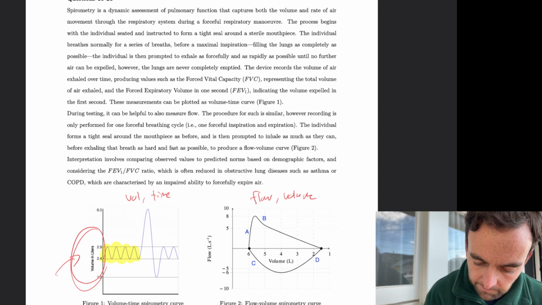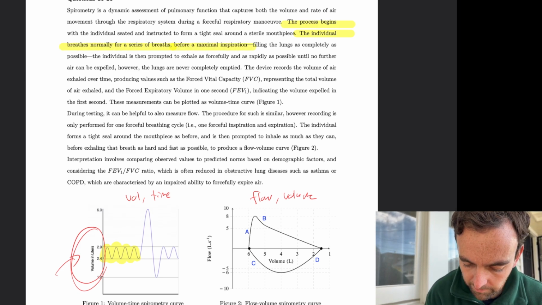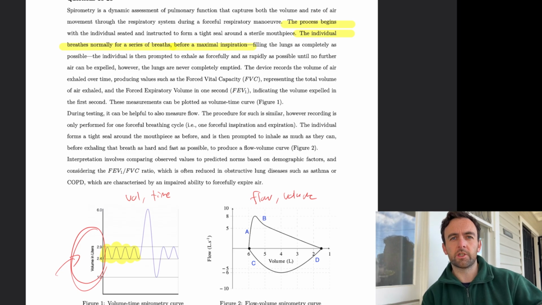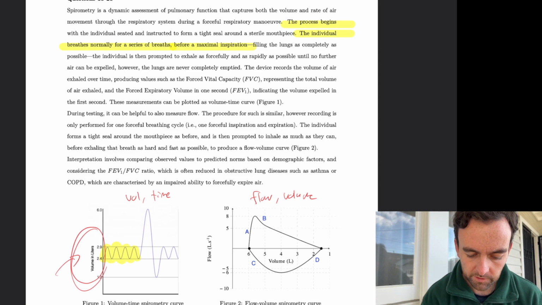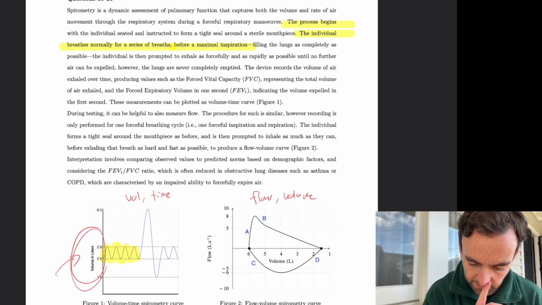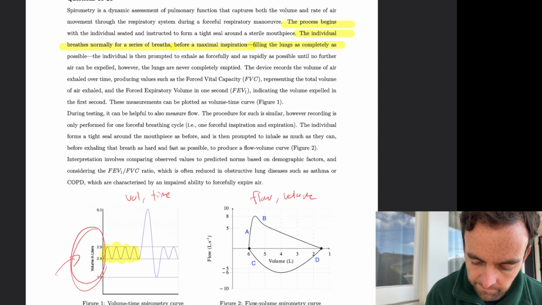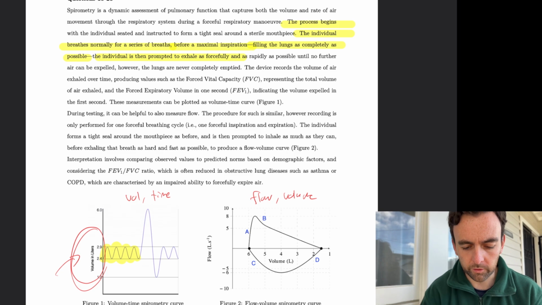We can see here that they describe the process and it says the individual breathes normally for a series of breaths before a maximal inspiration. So it's very common to need to associate text interpretation with graph interpretation. They breathe normally for a series of breaths, then do a maximal inspiration and fill the lungs as completely as possible, and then they exhale forcefully.